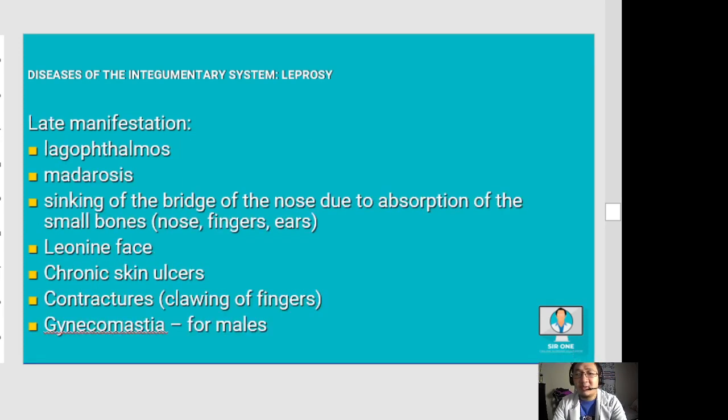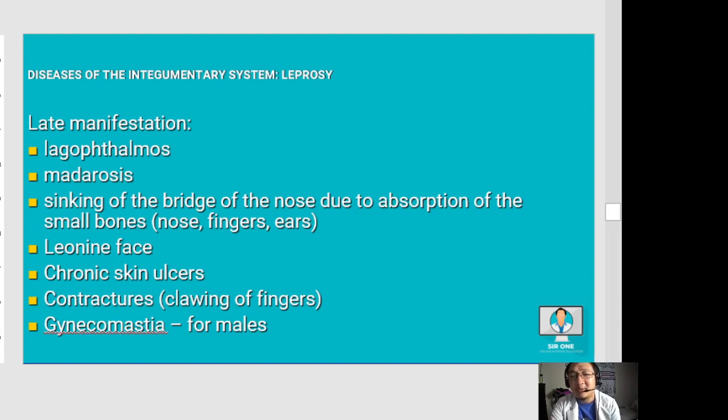For late manifestations, we have lagophthalmos and madarosis. Lagophthalmos is the inability to close the eyelids. Madarosis is the loss of eyebrows. Then sinking of the bridge of the nose due to absorption of the small bones, or the melting.